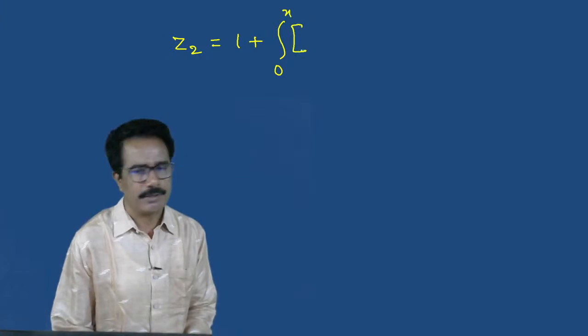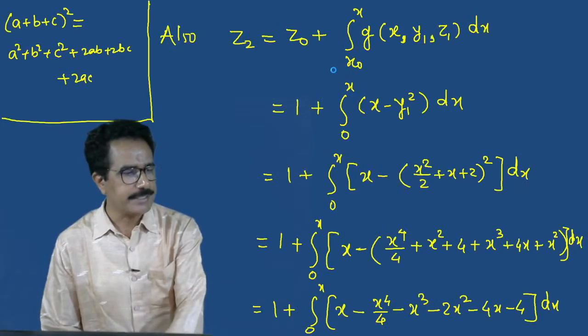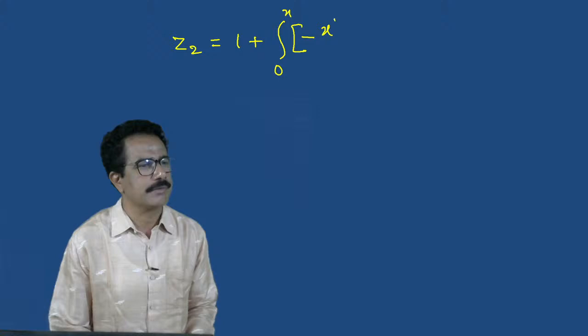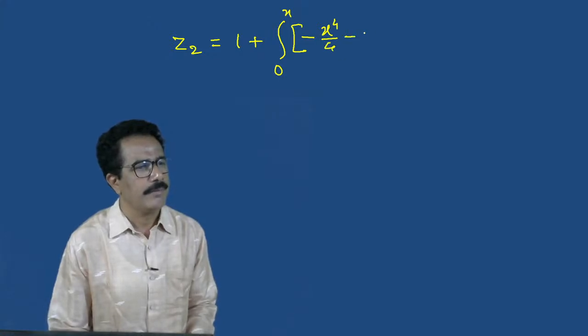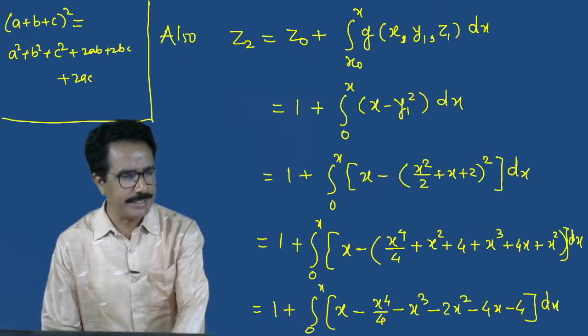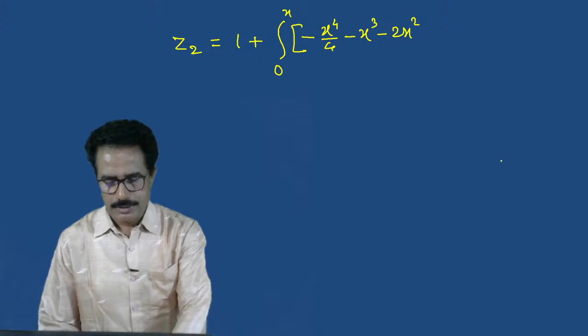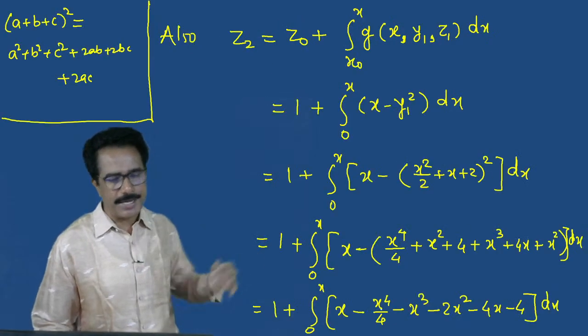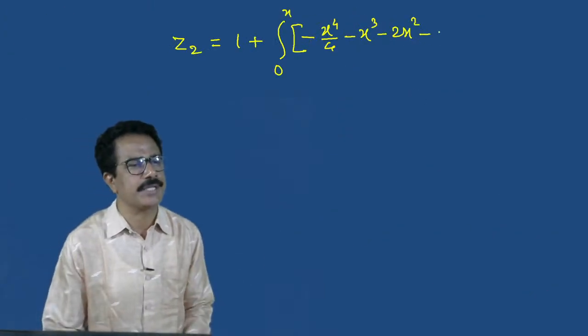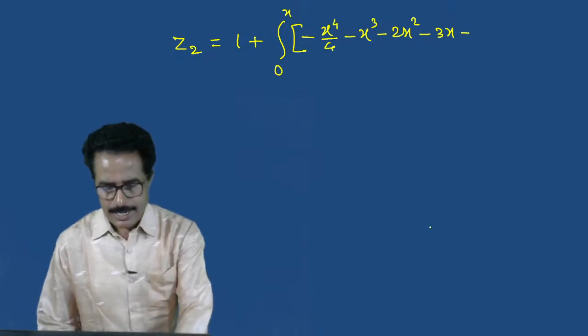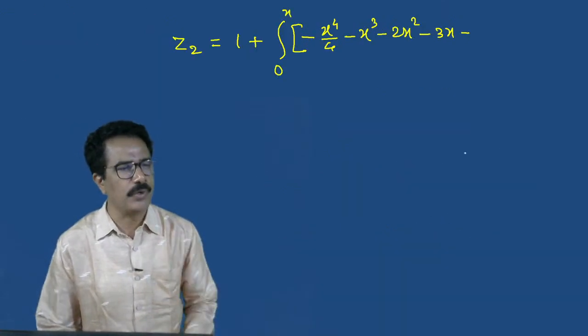So z2 is equal to 1 plus the integral from 0 to x. It will be x raised to 4 by 4 minus x cube minus, we can write this as 2x square. Now this minus 4x minus x means we shall write minus 3x. Again the last term is minus 4.